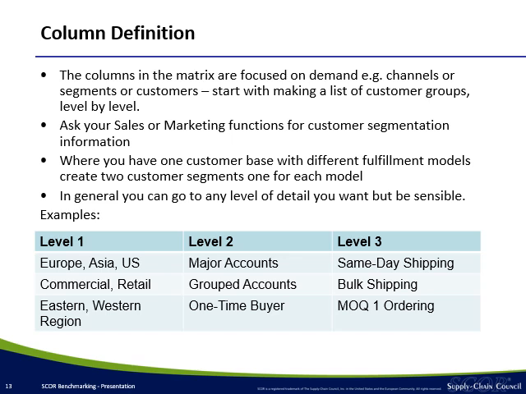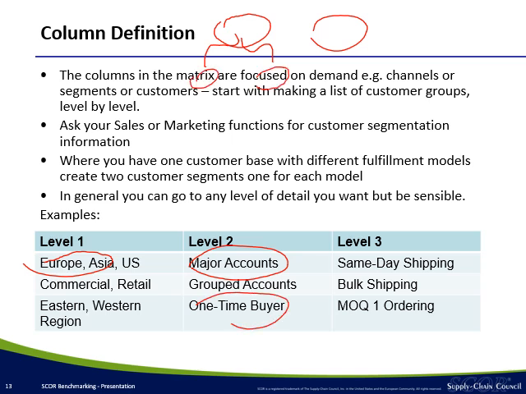For example, we can say customers from Europe and customers from Asia. Europe can be further divided into major accounts and one-time buyers. And then we can further divide them into bulk shipments and same-day delivery.